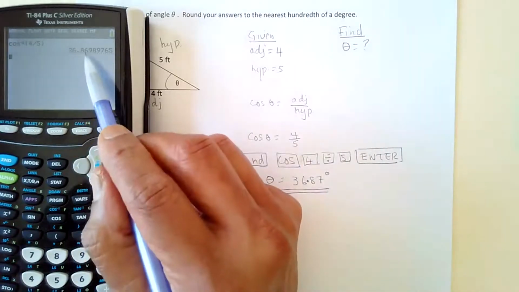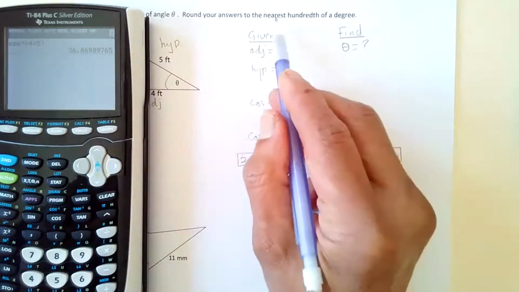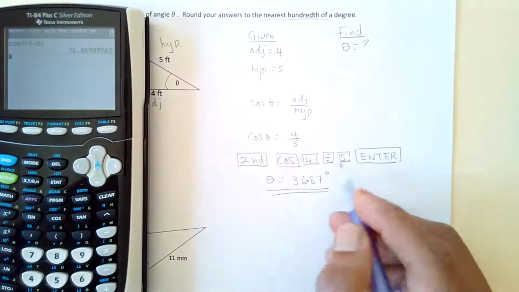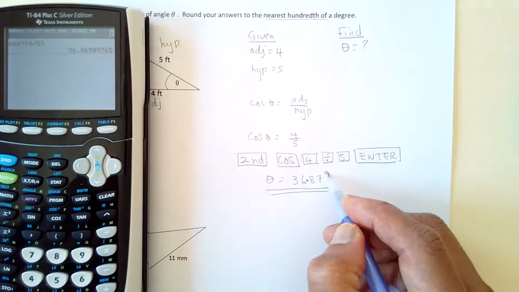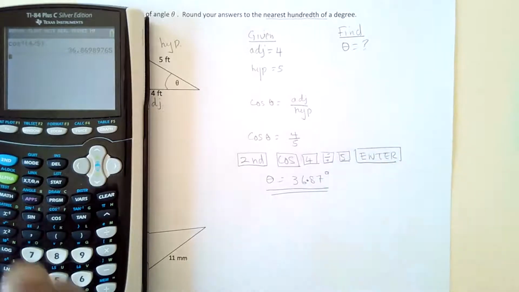Notice I'm rounding to 2 decimal places because it asks me to the nearest hundredth of a degree. And always indicate your symbol, degrees, or unit.